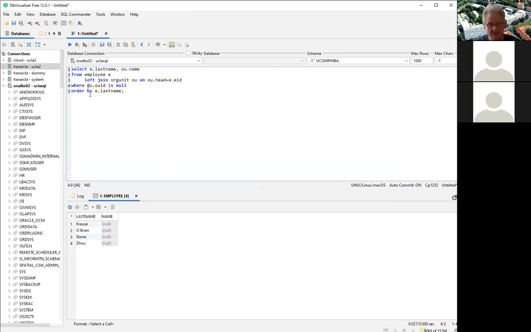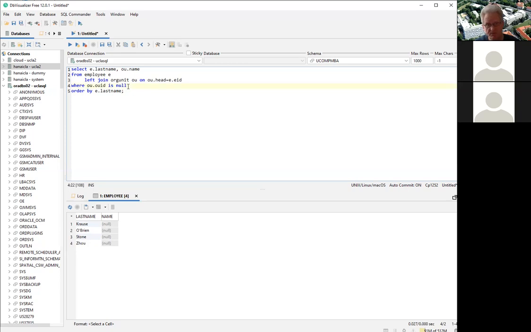Since the Krause and O'Brien employee records are not connected via the head equals EID relationship with the org unit, all columns of the org unit table within that join will get a null value. And here we check.